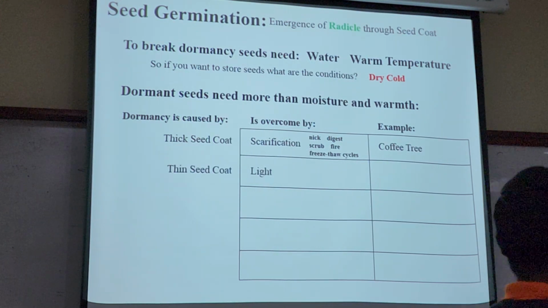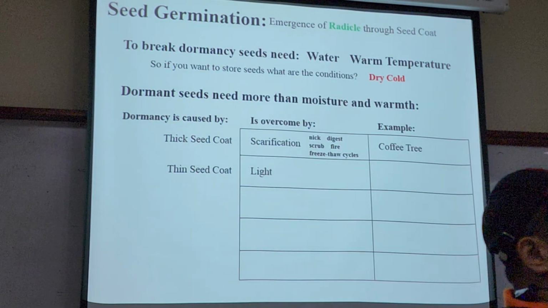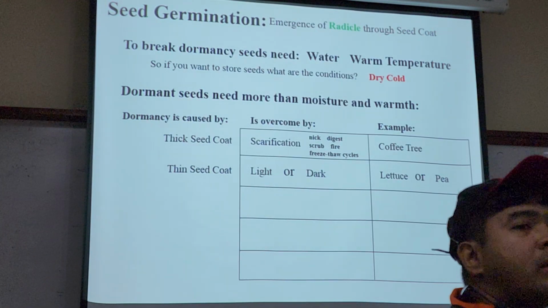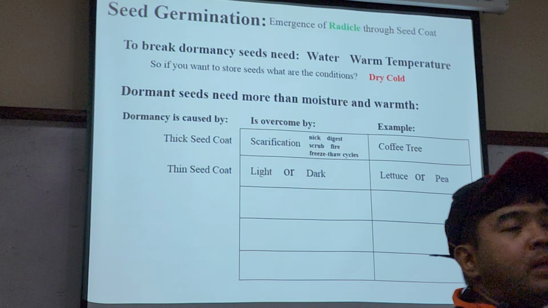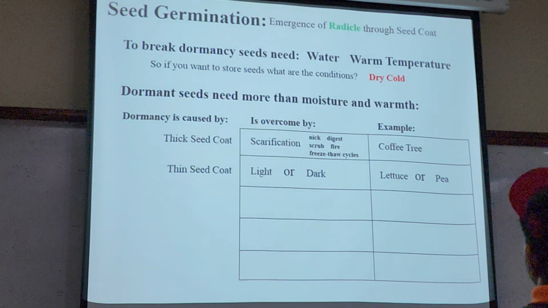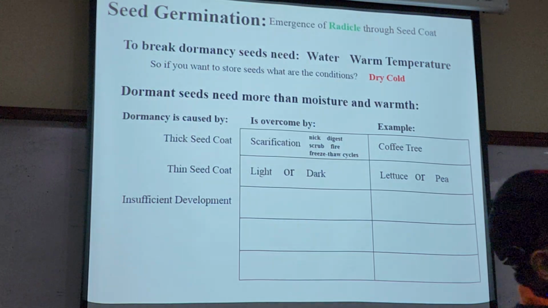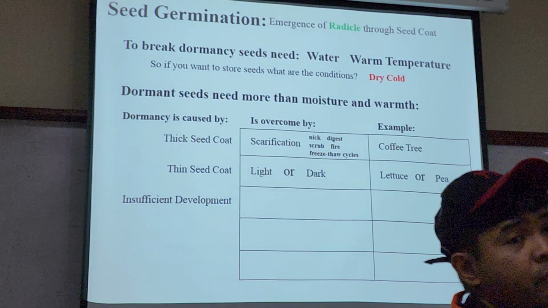If the dormancy is such that the seed coat is not really a problem, then light is actually enough to awaken it. For example, the lettuce, and temperature as well, light and dark. Yeah. Light and dark cycle, we're going to see in a bit how this can cause the seed to germinate. So insufficient development, meaning that the embryo is still in the rudimentary form of it.